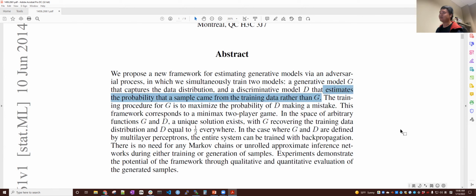There is a famous analogy for this game theory game. We can imagine that the discriminator is the police and the generator is like a counterfeiter, a person who is going to fabricate fake money, for example, and the police try to tell whether the sample he got is from the fabricated fake money or the real money.